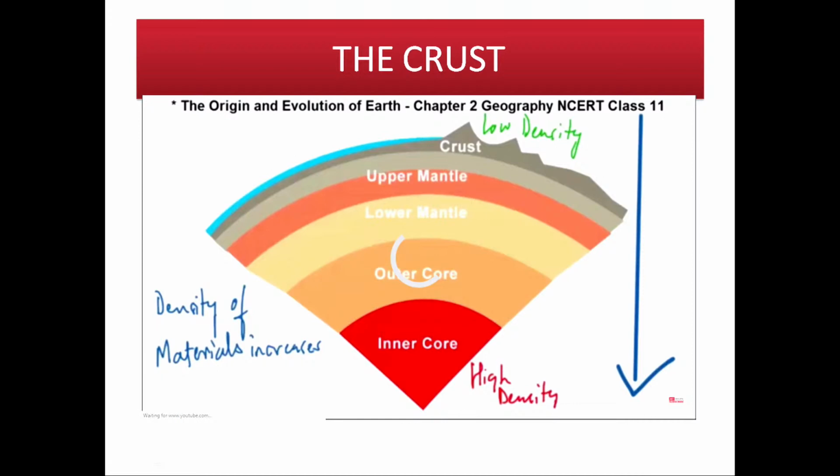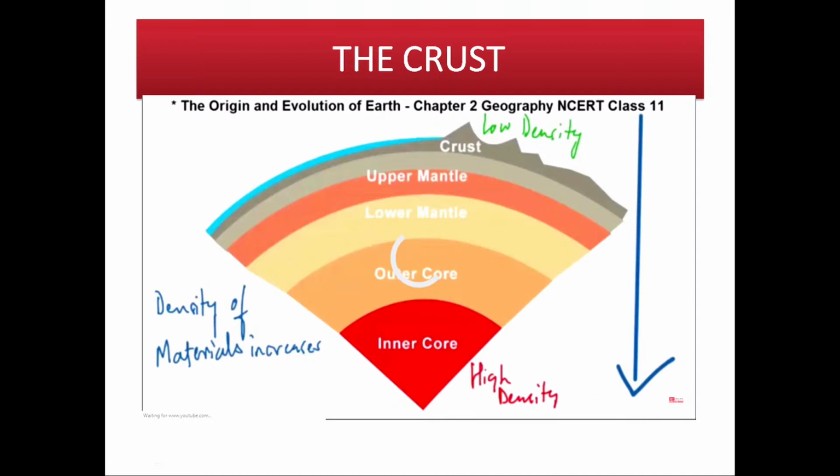Otherwise, in the ocean, it is only 5 kilometers deep. So this crust is very brittle in nature, and very small in comparison to the other interior layers of the earth. For example, the mantle itself is 2900 kilometers deep, massively deep. And then the rest of the remaining is core.